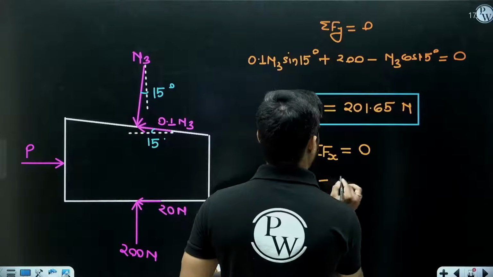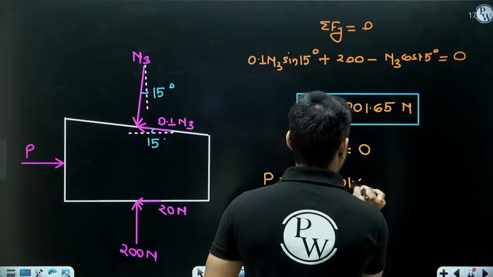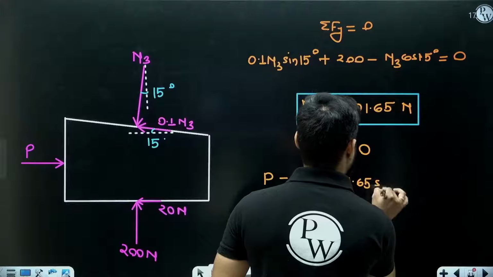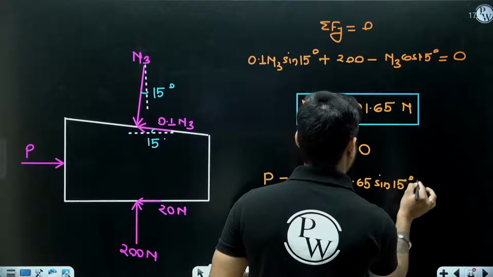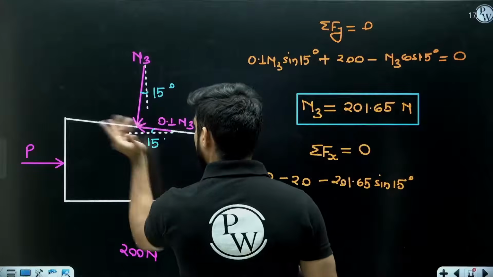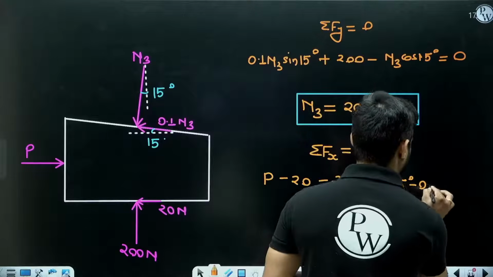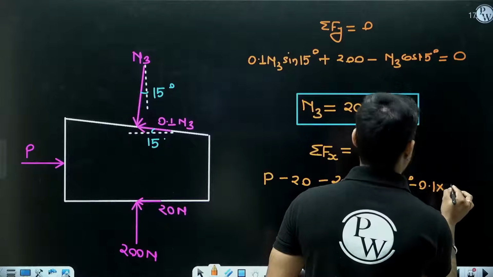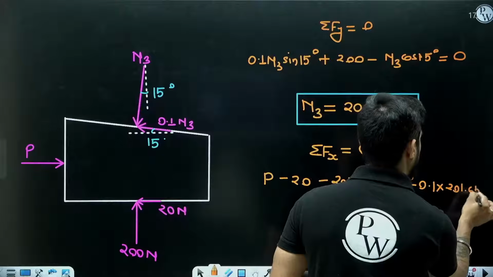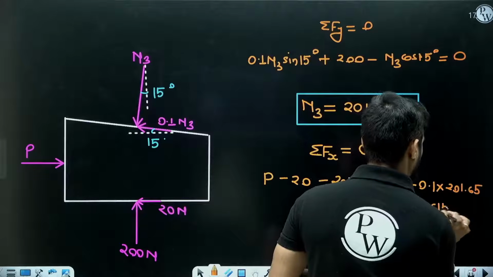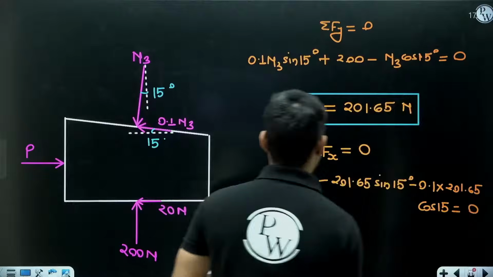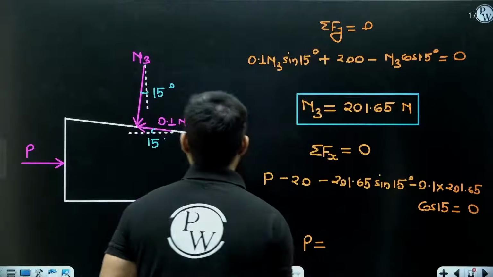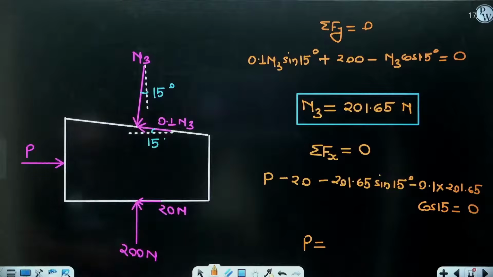So minus 201.65 sine 15 and then 0.1 N3 cos 15. So minus 0.1 into 201.65 cos 15 equal to 0. So by solving this equation, you will get the value of P.